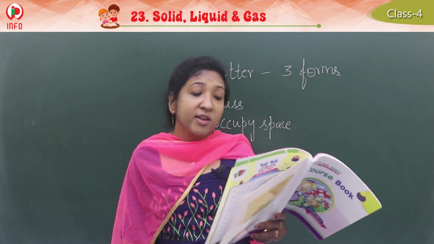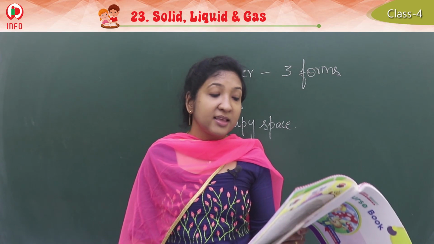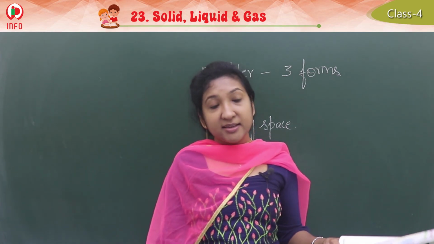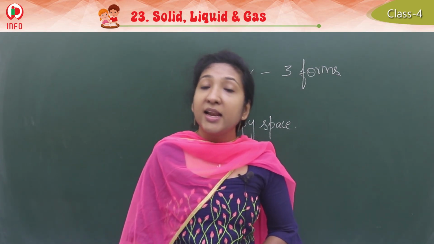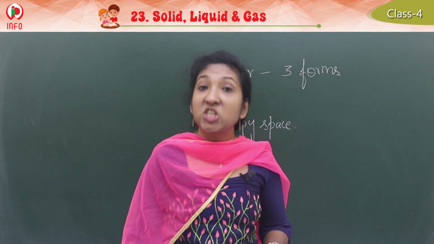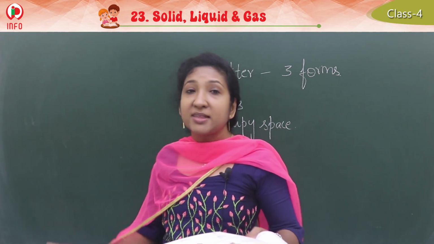When you look around, you will see different things. There are living things as well as non-living things of different sizes, shapes and colors. Many things we can see around us.